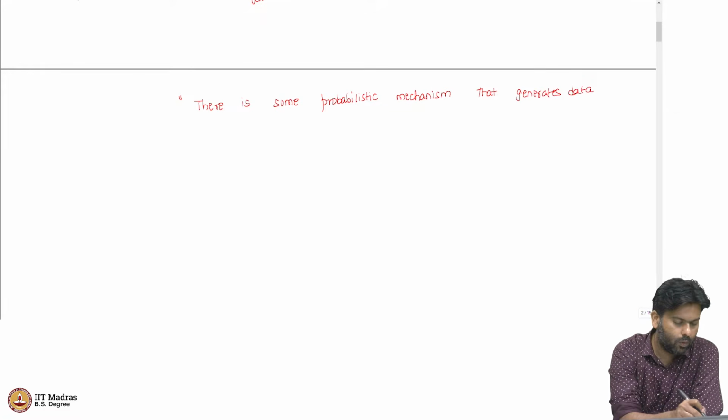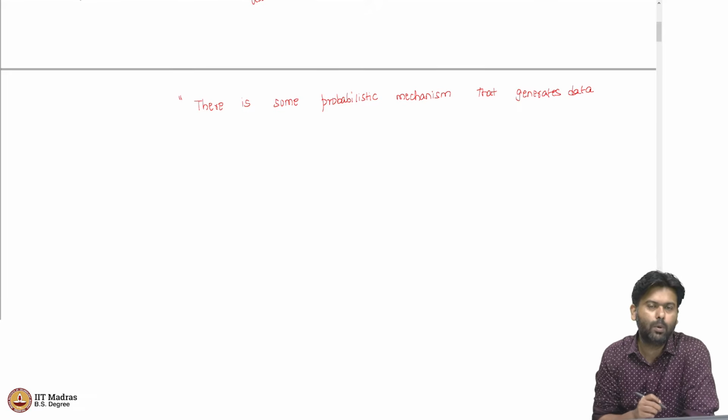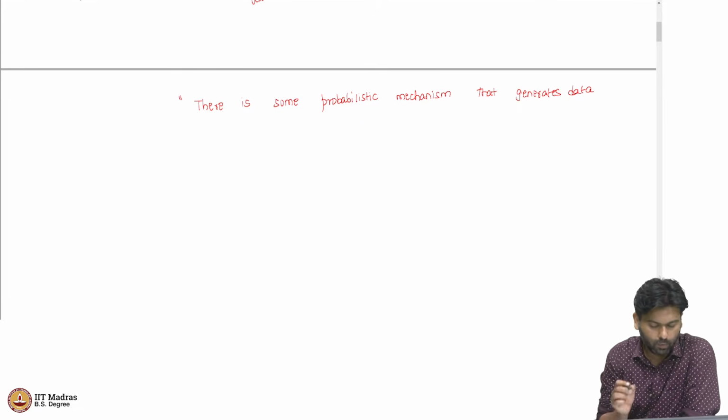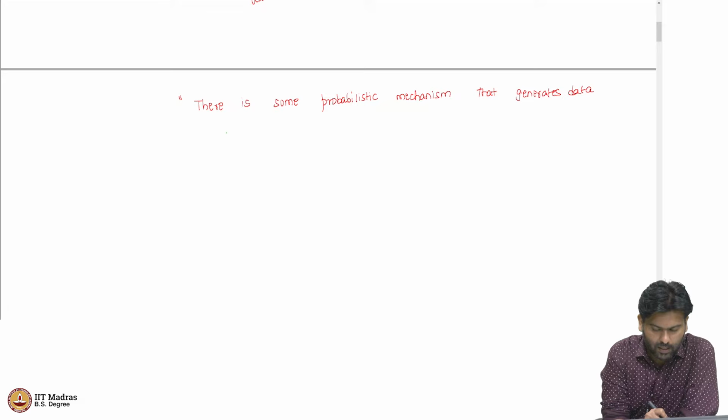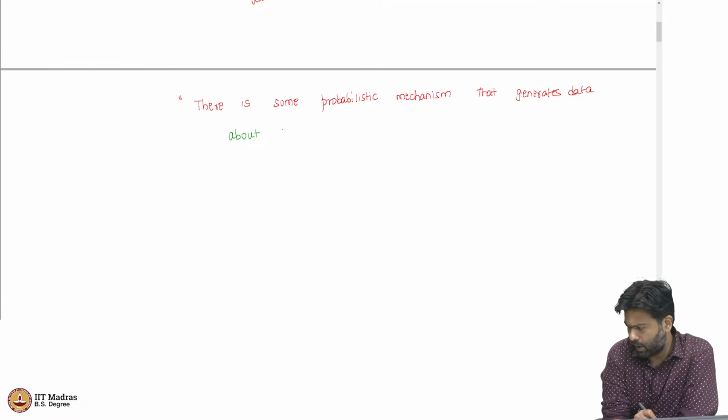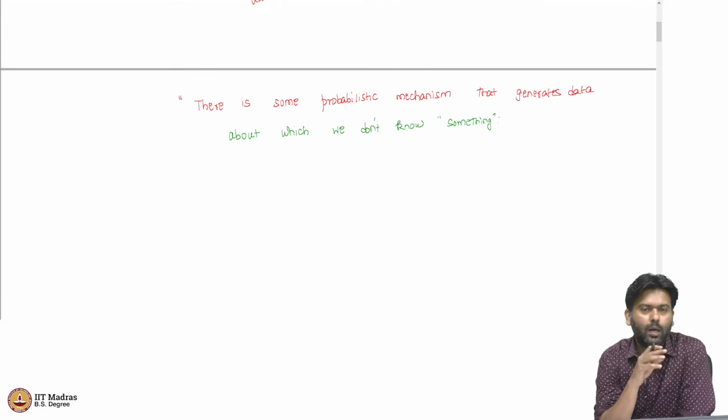Now, what else about this probabilistic mechanism that we have to look at is that there is something about this mechanism that we do not know, right. So, it is not that we are completely aware of the details of this probabilistic mechanism.